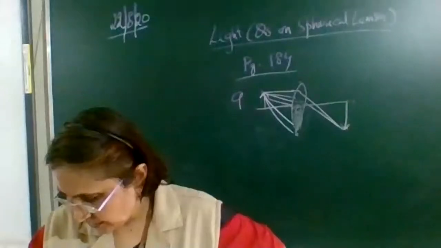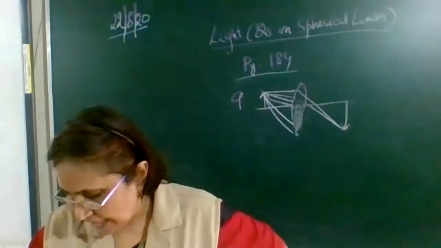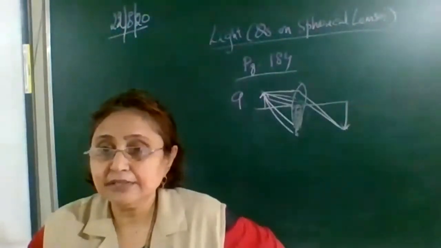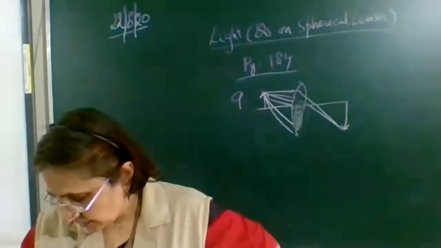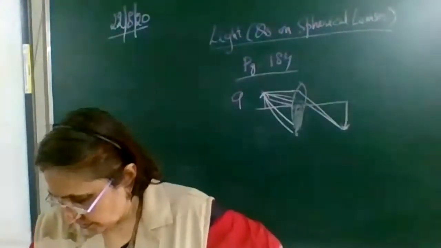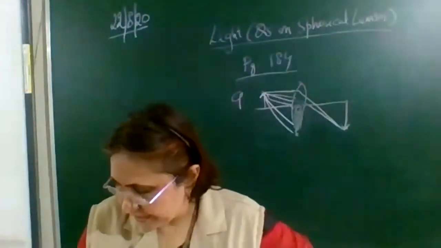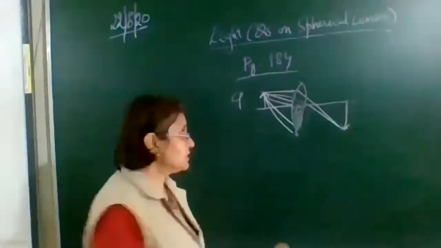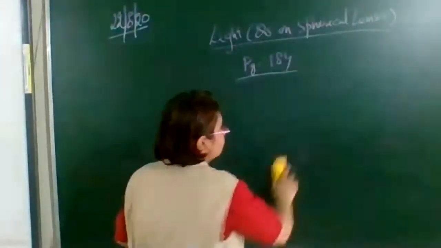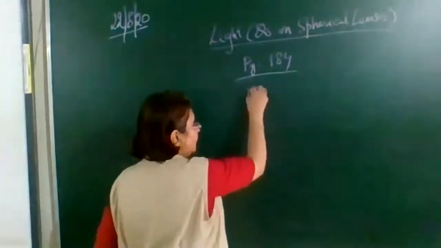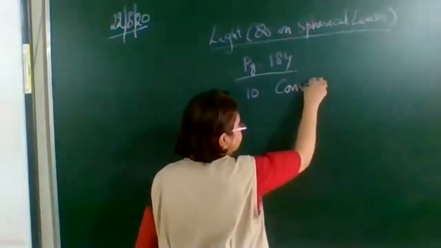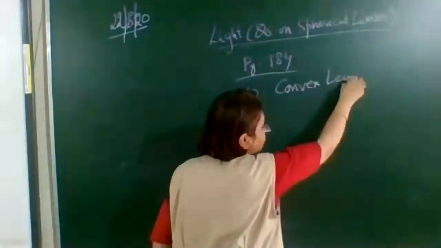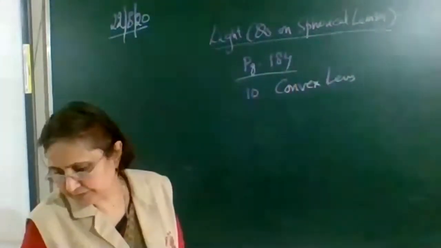Okay, then question number 10. An object 5 centimeters in length is placed 25 centimeters away from a converging lens. Converging lens means it is a convex lens. So first we'll draw the lens, as it is given that it is a converging lens, so it is a convex lens.